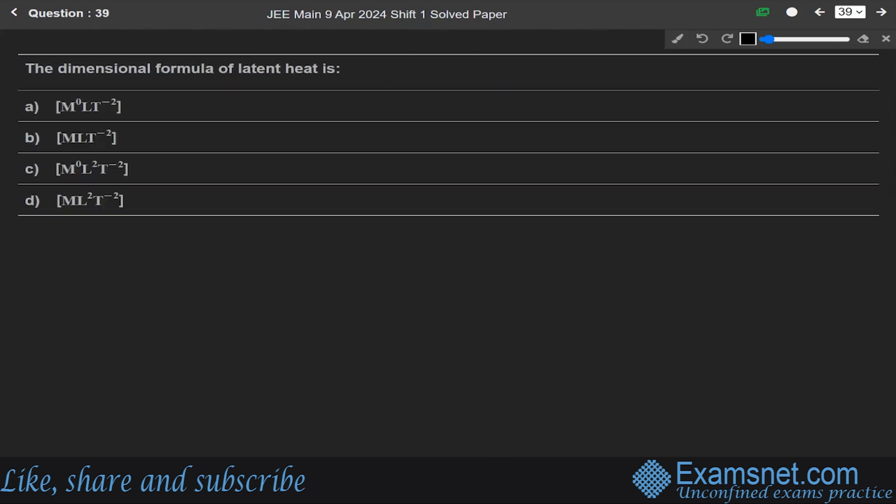Now 39th question, the dimensional formula of latent heat is? This question is from the chapter of units and measurements. So what is latent heat? It is like specific heat.